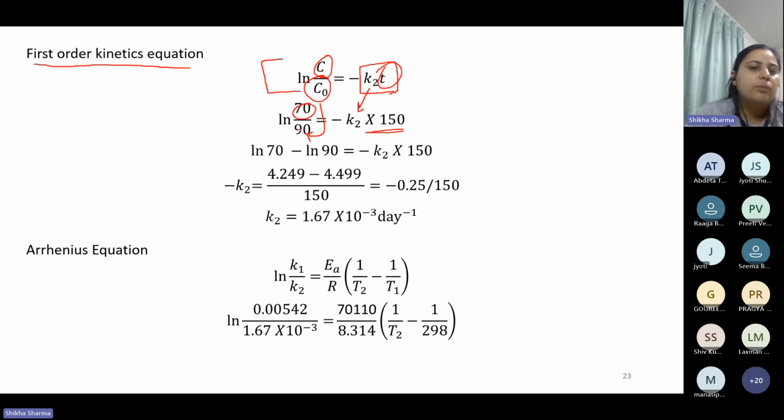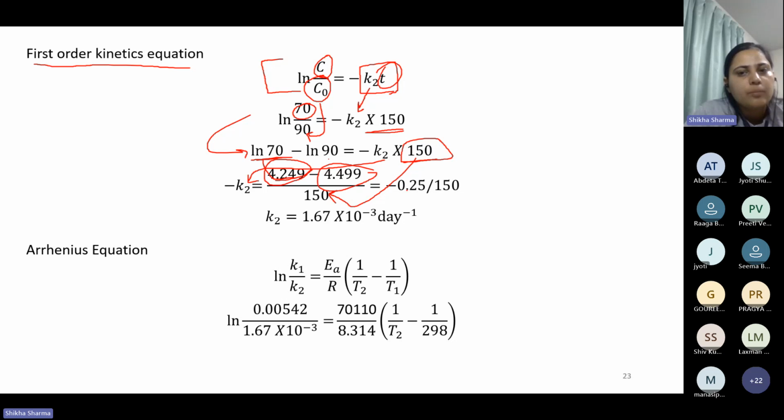Now ln 70 by 90 can be written as ln 70 minus ln 90 equals minus K2 into 150 storage days. So K2 equals ln 70, which is 4.249, minus ln 90, which is 4.499, divided by 150.